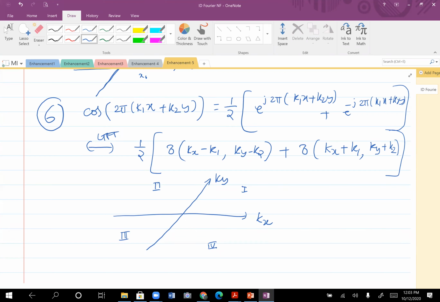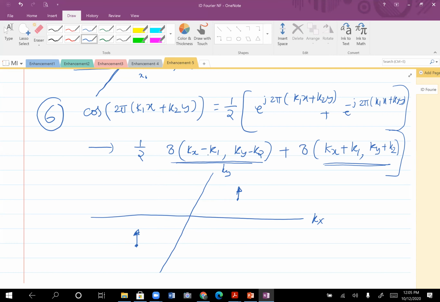At 1 and 3, sir. Very good. So this is, for example, k1 here, correct? This is minus k1. This is k2, minus k2, right? There is one impulse here and another impulse here.